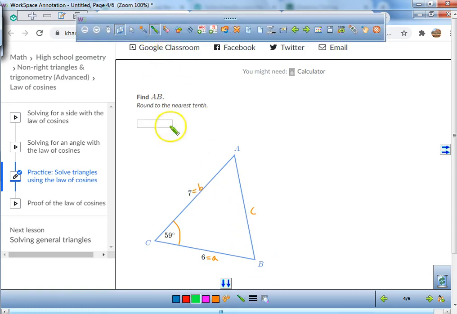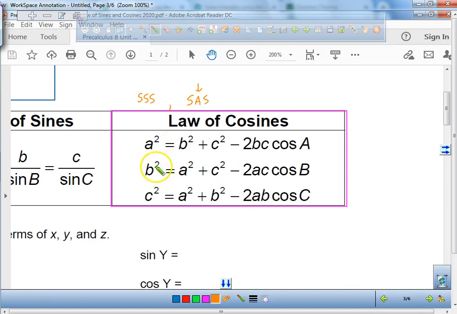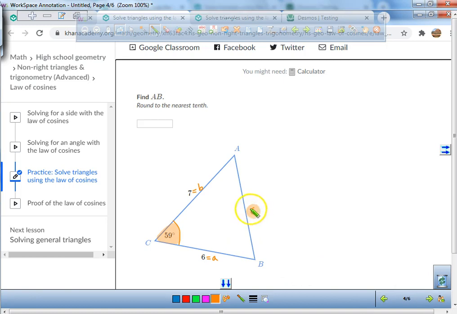Now, it's important that you know which formula that you need to be using. I'm only highlighting the most important part. So I'm going to go back real quick. We're going to take a look. Do you guys see where it has A, B, and C? So listen. Do you see how we're looking for side C? So this is what we start with.